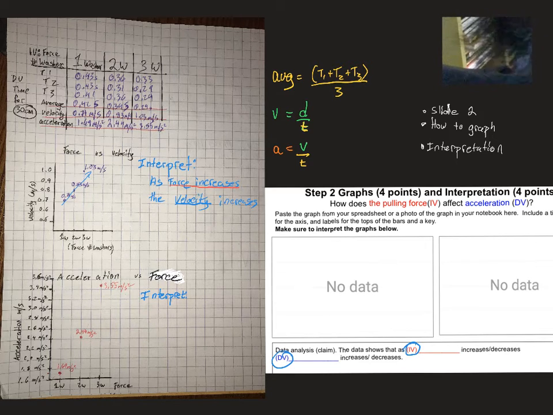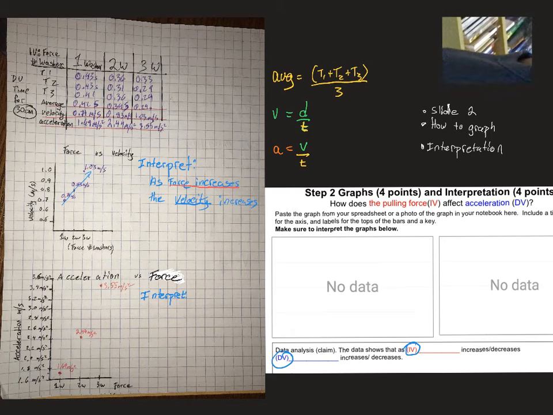I plot each point. I line up 1 washer with 1 washer, and 1.69 goes right above that 1 washer line right here between 1.6 and 1.8. My 2 washer line goes all the way up to 2.44, and that's right around the 2.4 mark. My 3 washer line goes all the way up to 3.55.